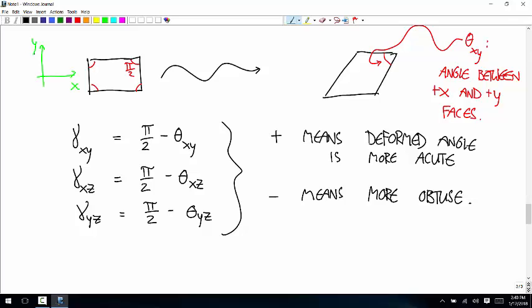You can do the calculations in degrees if you want, but then you have to convert them to radians for it to work as a strain.